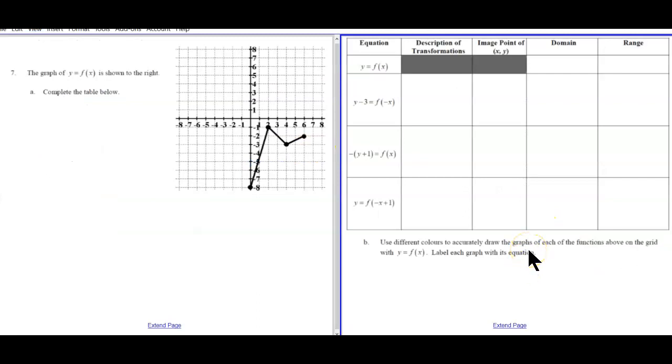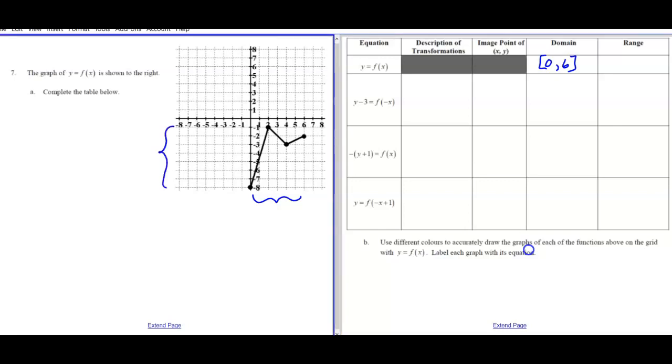Listening please, almost done. So here, original domain from 0 to 6, I'm just going to use interval notation. And then range would be -8 to -1.